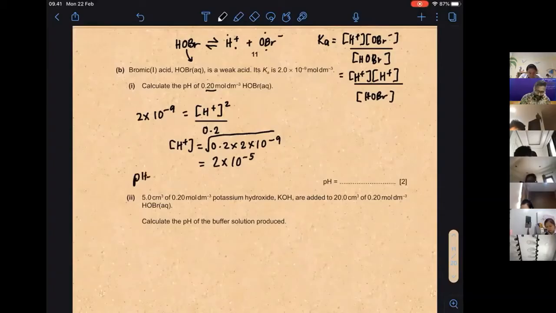The pH is going to be negative log of the concentration of H plus, and you will get the answer as 4.69, so 4.70.